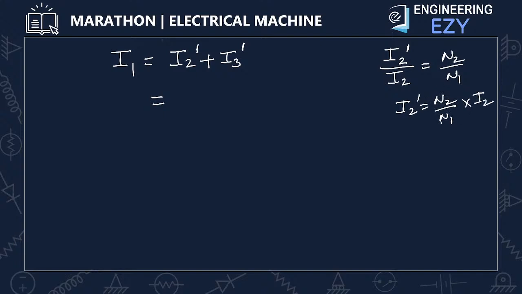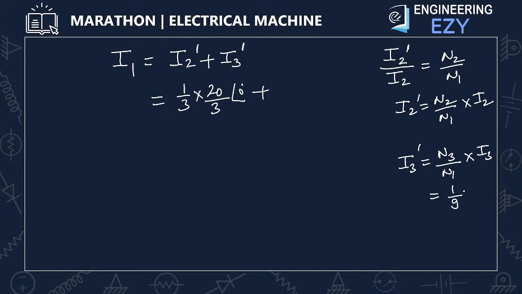What is N2 by N1? It is 3 by 9, which means 1 by 3, into I2, which is 20 by 3 angle 0, plus this current I3 dash. I3 dash is equal to N3 upon N1 into I3. So in the primary side, if I refer, it is 1 by 9 into 80 by 9, angle 90 degree.